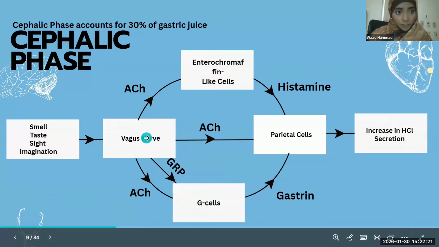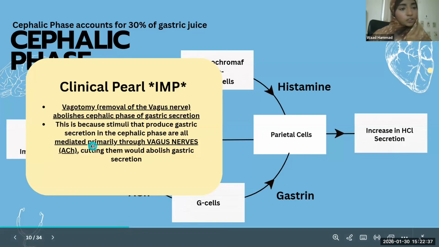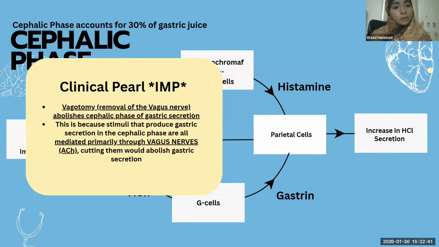We have no vagus nerve, we have nothing. This is because stimuli that produce gastric secretion in the cephalic phase are all mediated primarily through the vagus nerve. All of them, it's either ACH or GRP. Without it, we cannot have the cephalic phase. So this is one thing that's important.